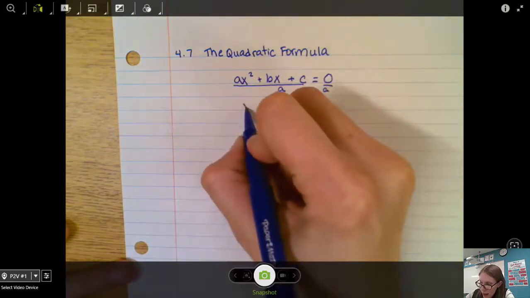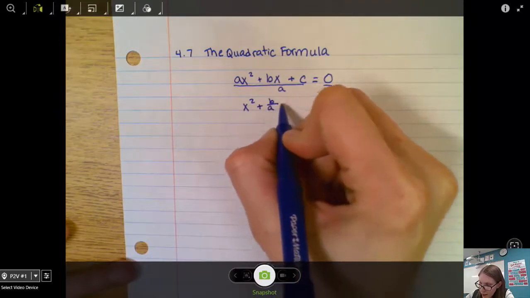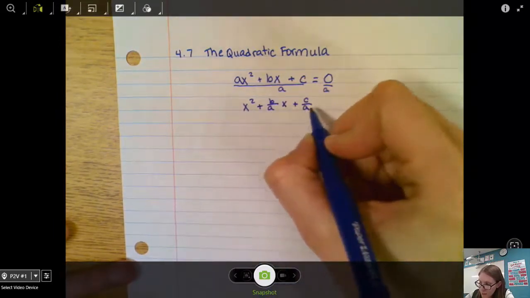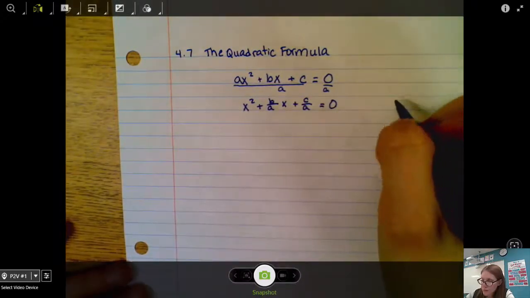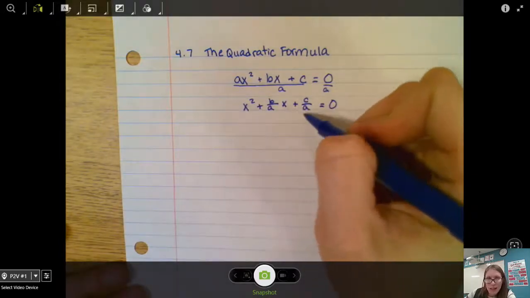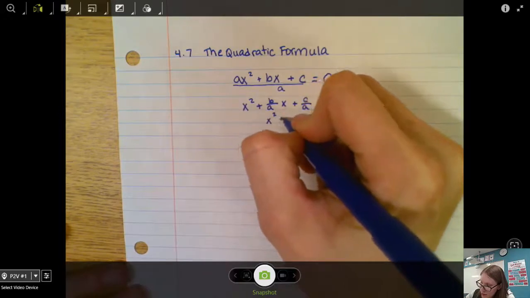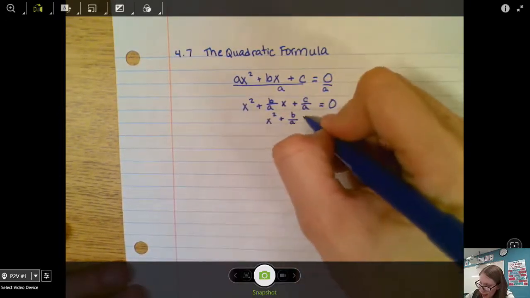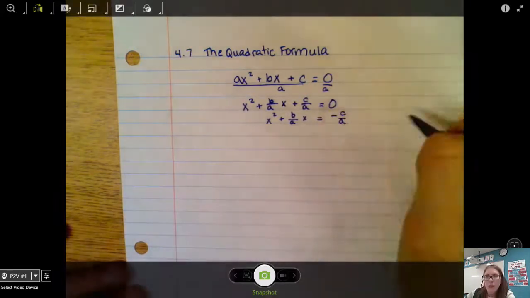And that gives me x squared plus b over a x plus c over a equals 0. And then I'm going to subtract this c over a from both sides, giving me x squared plus b over a x equals negative c over a.